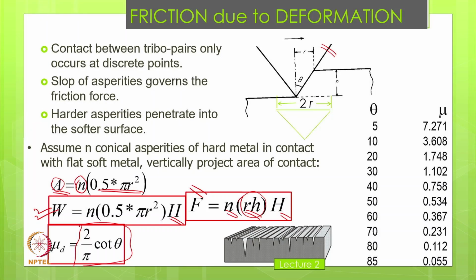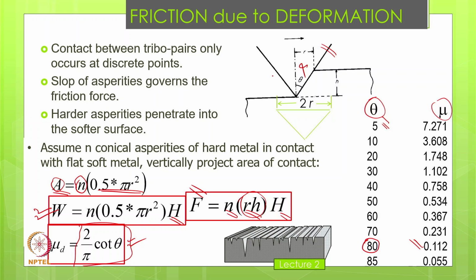Now if I calculate theta and mu, as theta is increasing you can see that the coefficient of friction is changing. This theta is a half angle, not the 2 alpha; there we used alpha, here we are using theta. When theta or alpha is 80 degrees, the coefficient of friction is much less.